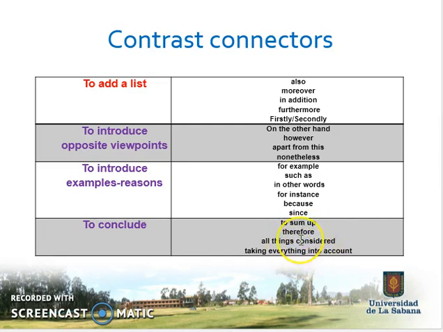And for closing sentences in your counter-argument, you may use to sum up, therefore, all things considered, taking everything into account. You can also use this list of connectors for your conclusion, when you want to state examples, restate the thesis, and of course the call for action.